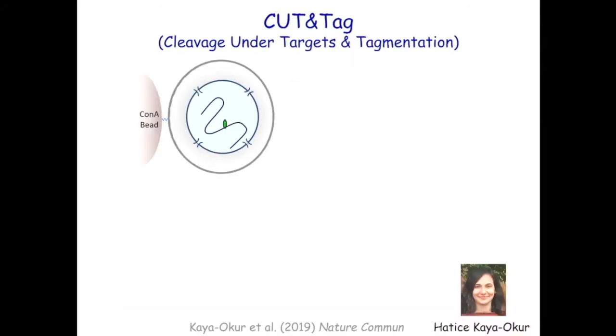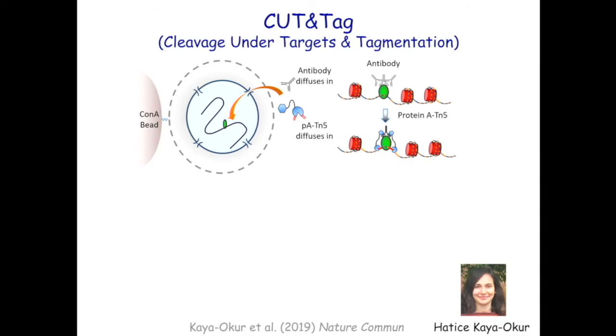And this is work of Hatice Kayakur. Here we start out the same as with CUT&RUN, adding the antibody to the permeabilized cells. But instead of adding protein A-MNase, we add protein A-Tn5.